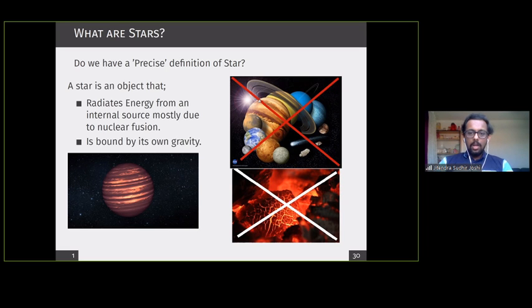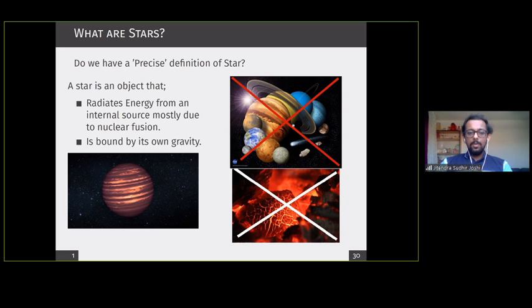Planets normally reflect light from the sun that we see, especially when you see Venus and Jupiter in the night sky. Those are mostly reflecting light from the sun. So these planets obviously are not stars, and this definition excludes them.